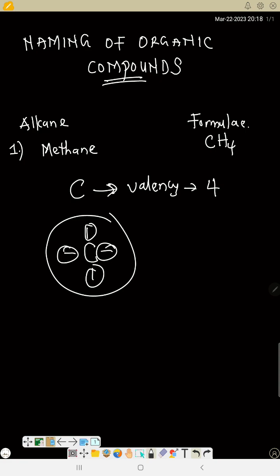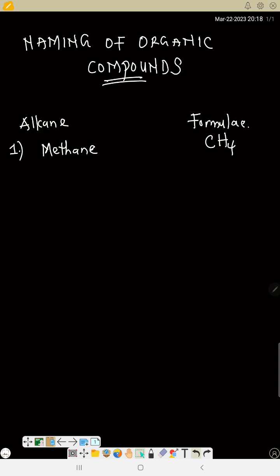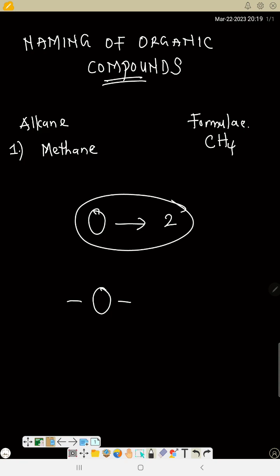Let's take another element like oxygen. Oxygen has a valency of 2. It belongs to group 6, so the valency will be 2. So it should have 2 bonds, because the valency of oxygen is 2. So anytime you write oxygen here, it must have 2 bonds.